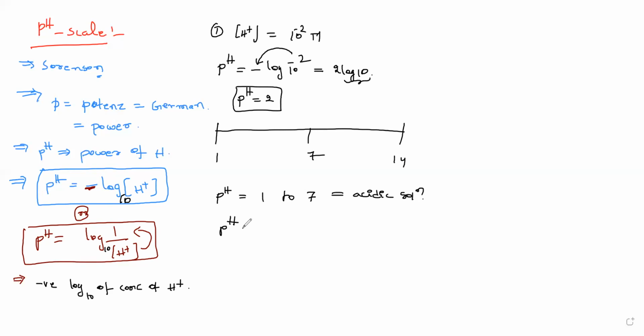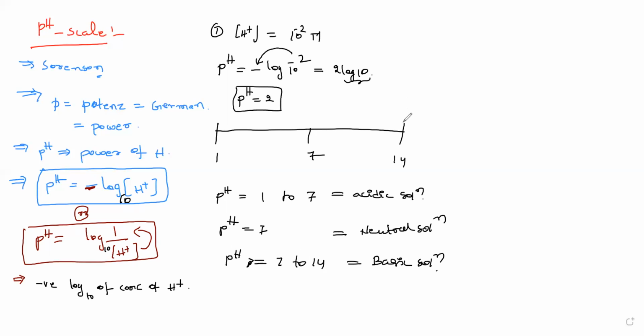Then pH exactly 7 is a neutral solution. That solution is a neutral solution. pH greater than 7, that means 7 to 14, is known as a basic solution or alkaline solution.